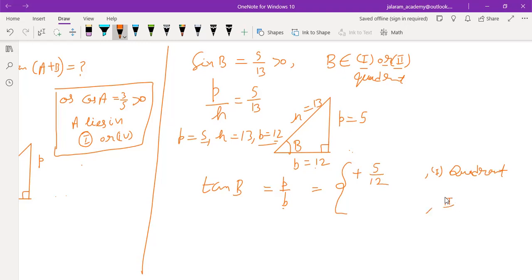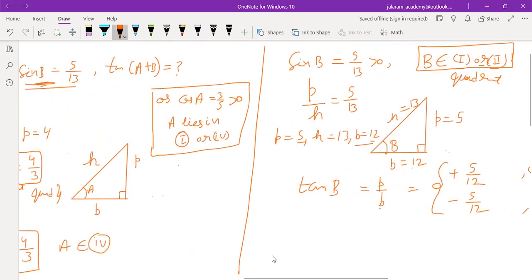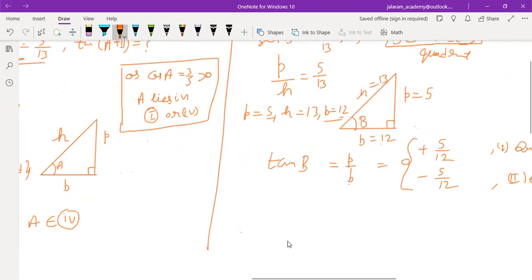Or if it lies in the second quadrant, we know that tan is negative, so it is minus 5/12. So 4 cases do arise now. How?